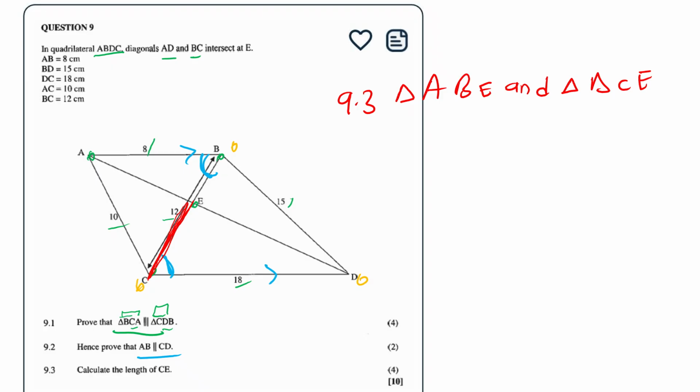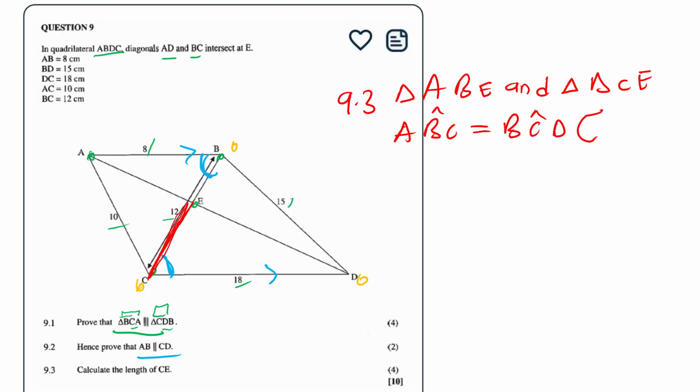Right, so then now we have proved that triangle ABE, all right. Okay, let's start here. We know that ABC, it is equal to what? To BCD.